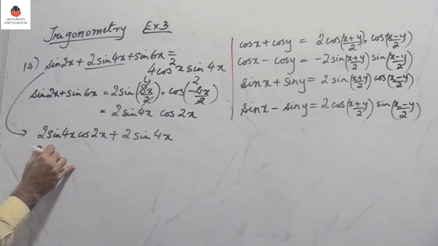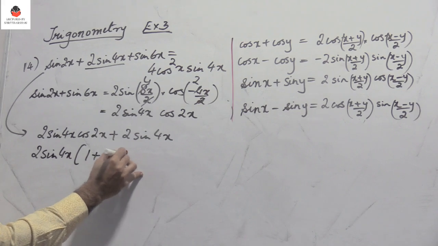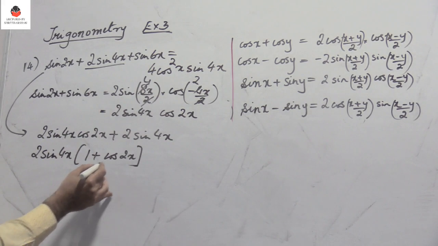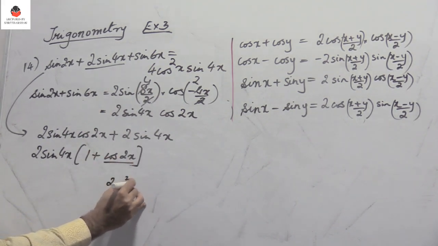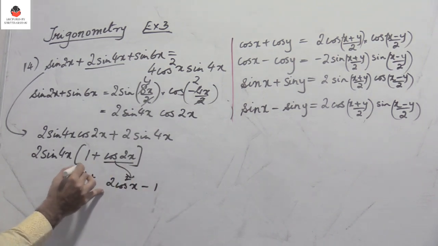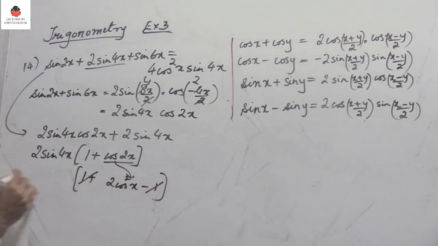So let me take 2 sine 4x common. So I get 1 plus cos 2x. Now in the right hand side I need cos square x, and we know that cos 2x is 2 cos squared x minus 1. So I substitute for cos 2x. So this is 1 plus 2 cos squared x minus 1. 1 and 1 get cancelled.